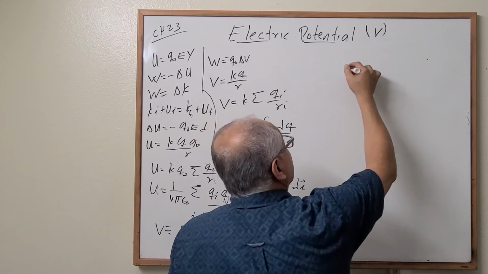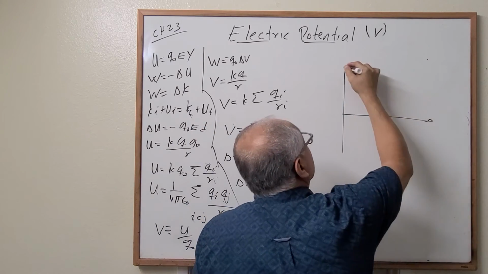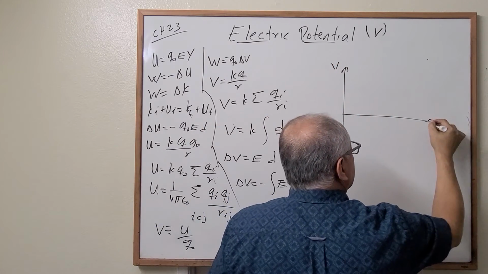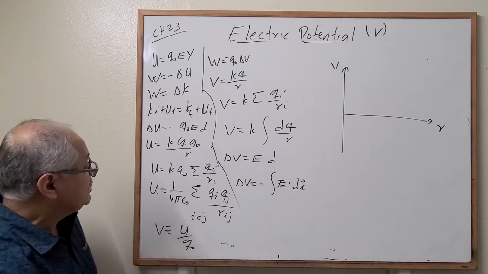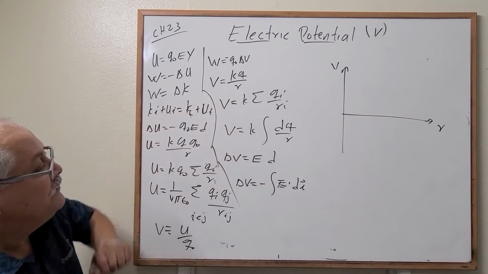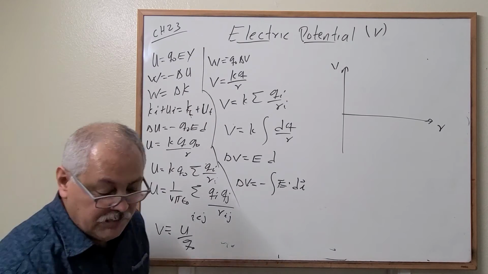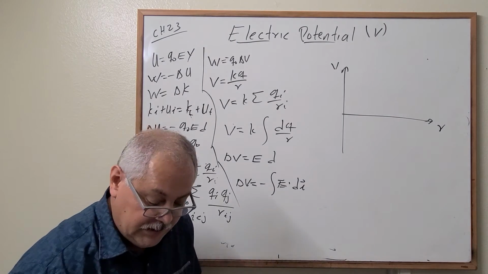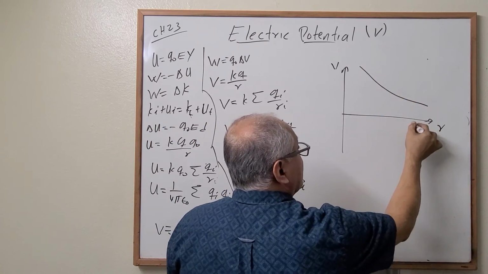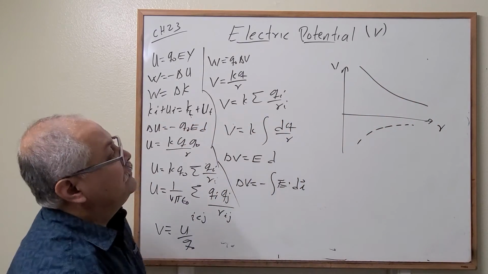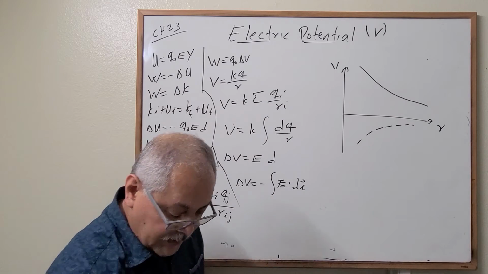Okay, let's do it one more time. Imagine that this is voltage and this is the distance r, because it also depends on r, correct? Like in this figure. This is very similar to electric potential energy, correct? We have again this curve, and the same thing as before.